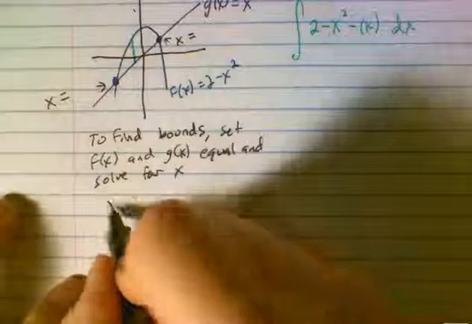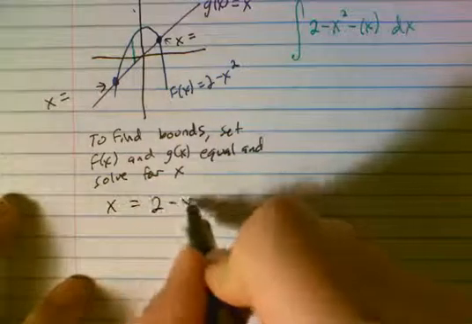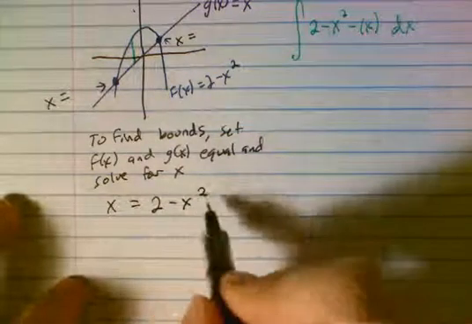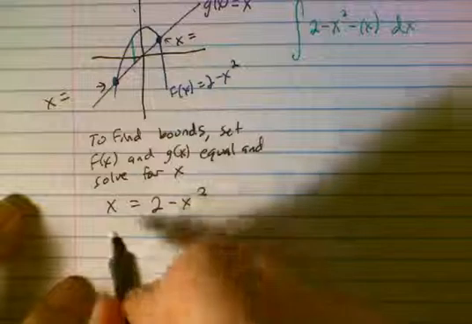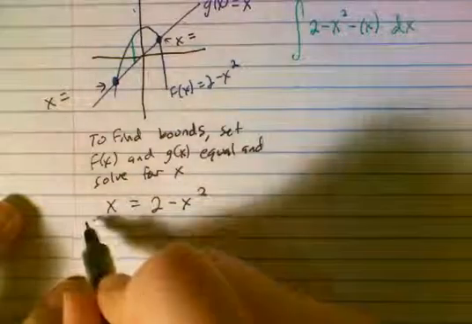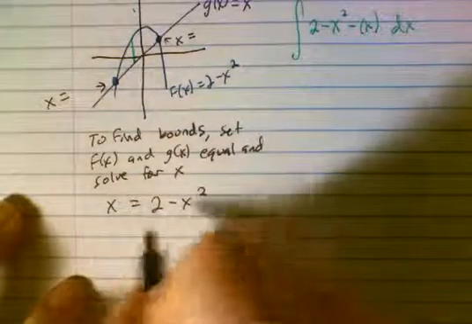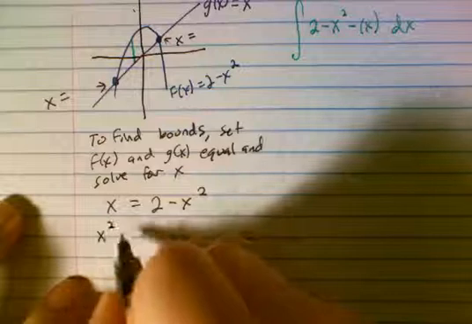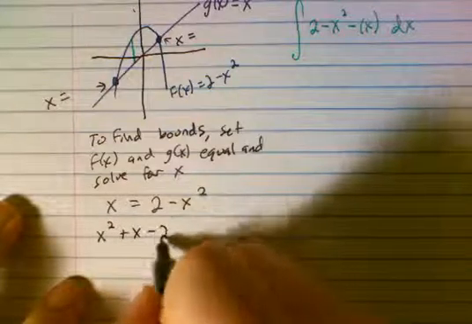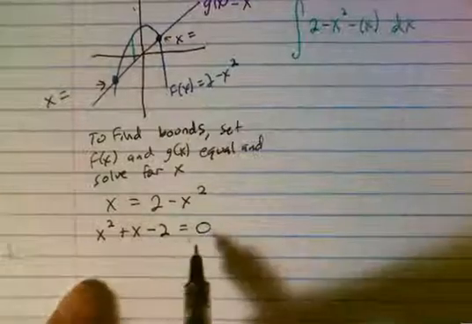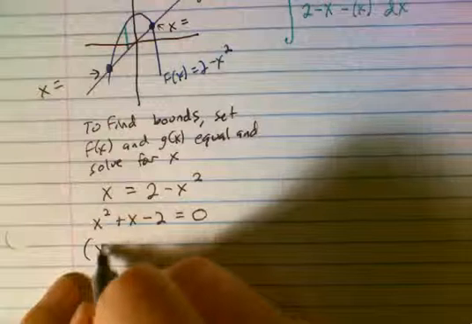So g of x is x, f of x is 2 minus x squared. If we have an x squared and an x in here, what we want to do is get everything on one side and set it equal to 0. So I'm going to add x squared, subtract 2 to both sides. Because once it's equal to 0, I can factor it.